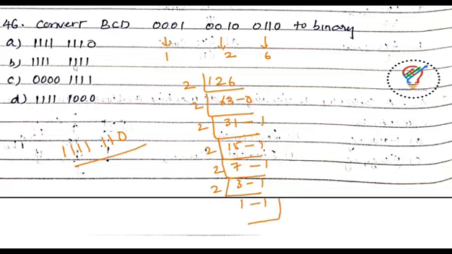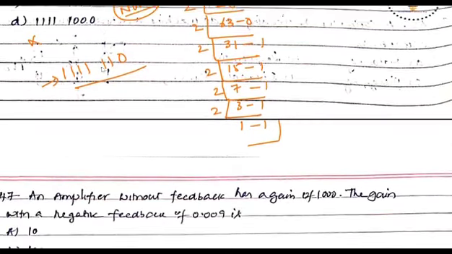But in the given options there are 8 bits. Here the answer is 7-bit, so the answer will be none of the above. For this question, no answer is available here. The exact answer will be 11111110, if you erase this part, then this will be the correct answer for this question. Okay, so let's move to the next question.